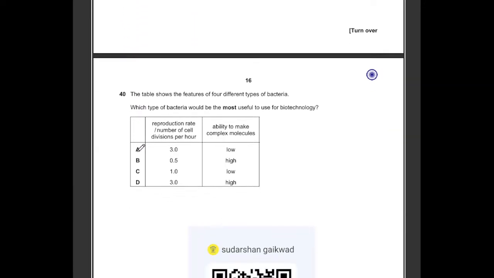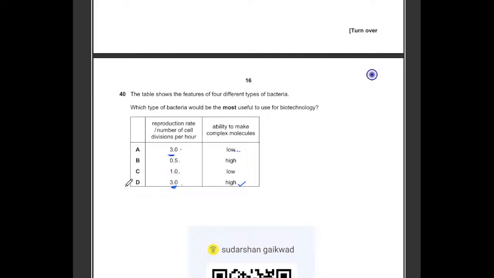Now, the table shows the feature of 4 different types of bacteria. Which type of bacteria would be most useful in biotechnology? Reproduction rate, reproduction of the cell division per hour, 3, 5, 1, and this is 3. That means reproduction rate is very high in this one and this one, so we can take A and D. But ability to make complex molecule is very low in this and very high in this.